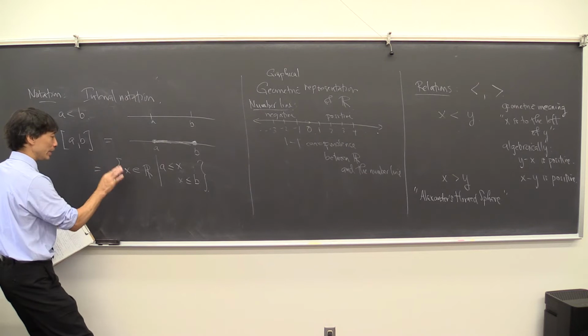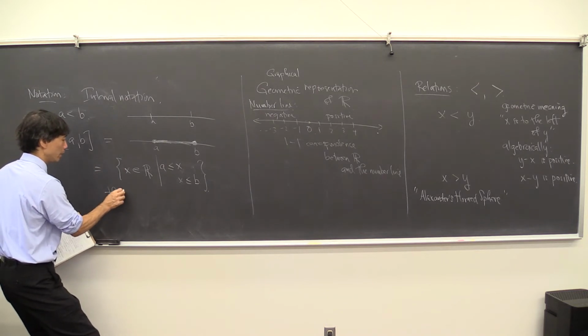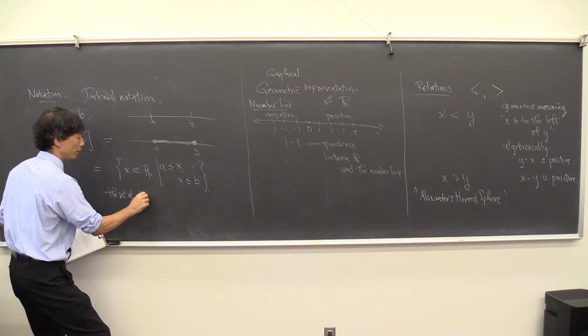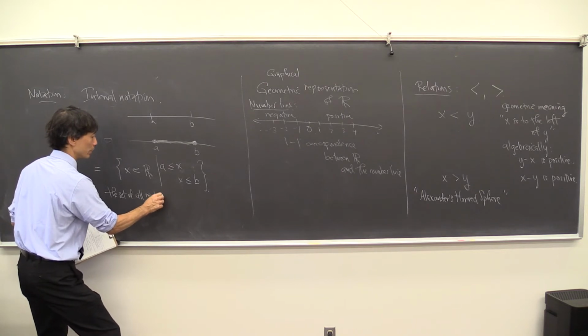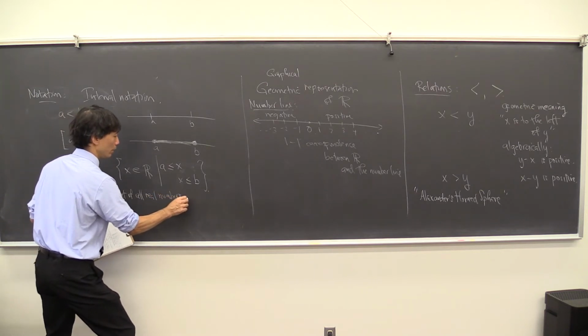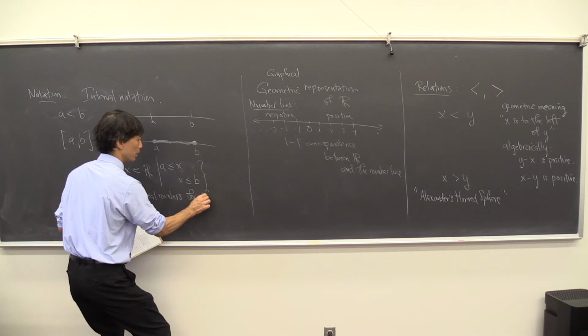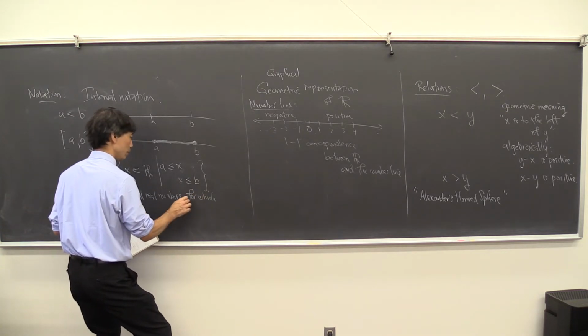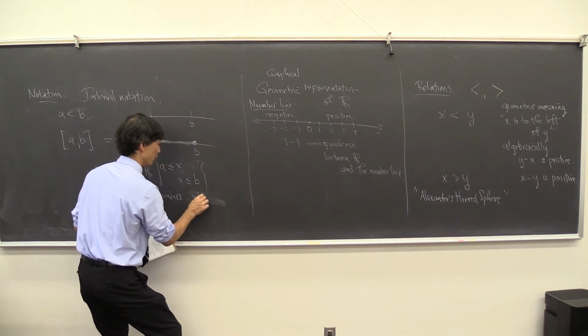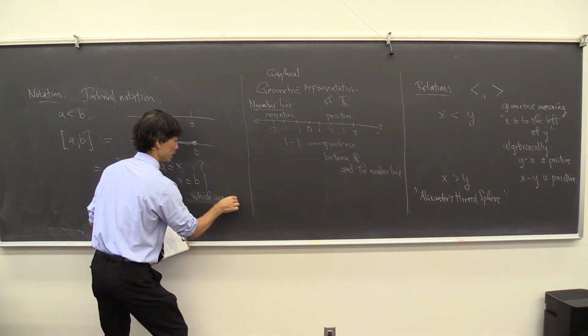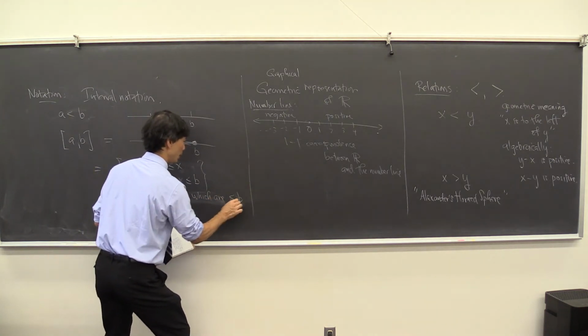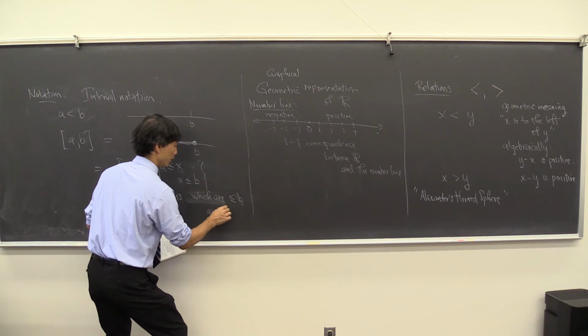Let me read this in English. The set of all real numbers which are less than or equal to b, and greater than or equal to a.